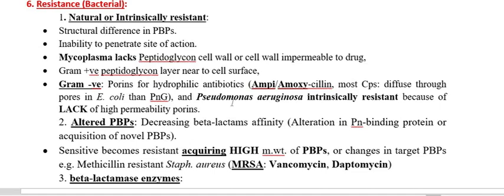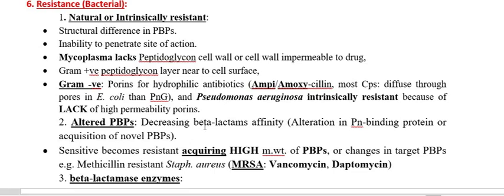If the porin is not there or fewer porins are there, how will the drug enter the periplasmic space where the peptidoglycan is present? So there is no chance to act there. Pseudomonas aeruginosa is naturally resistant to penicillin G because of fewer porins and no entry of the drug, so the drug will not reach the peptidoglycan site in the periplasmic space.